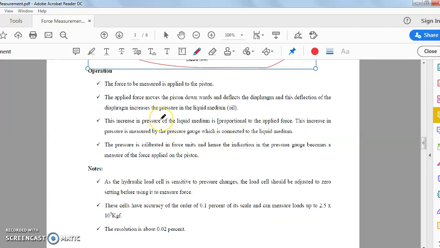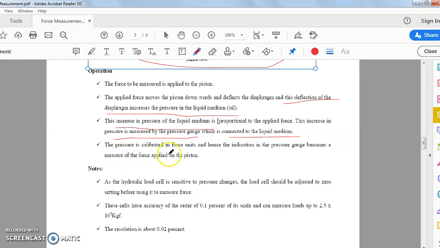Operation: the force to be measured is applied to the piston. The applied force moves the piston downward and deflects the diaphragm, and deflection of the diaphragm increases the pressure of the liquid medium or oil. The increase in pressure of the liquid medium is proportional to the applied force. This increase in pressure is measured by the Bourdon type pressure gauge, which is connected to the liquid medium.